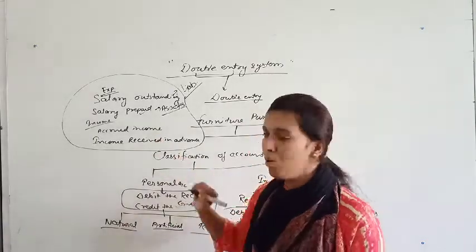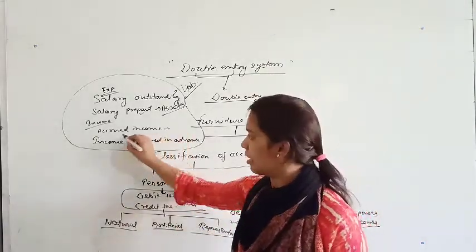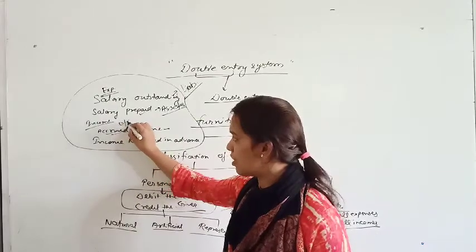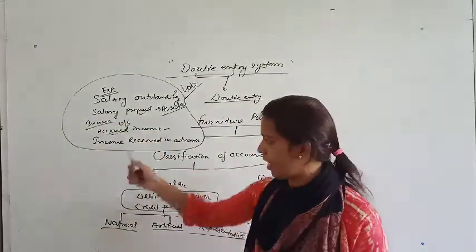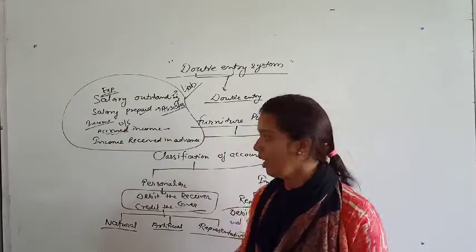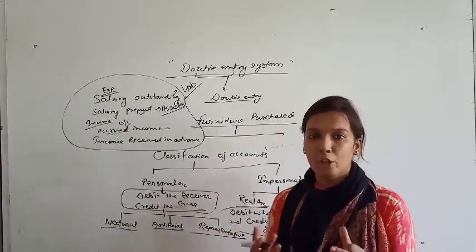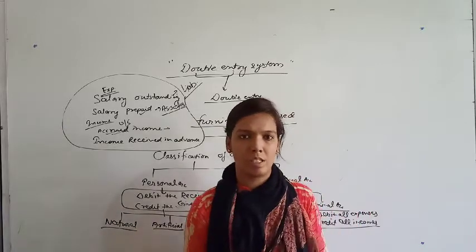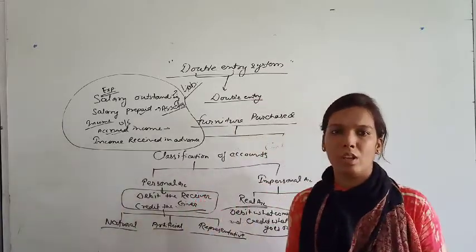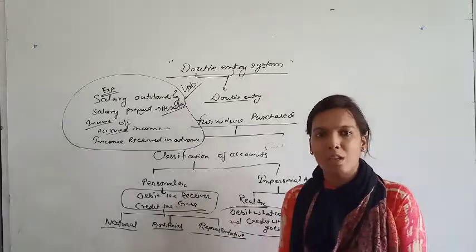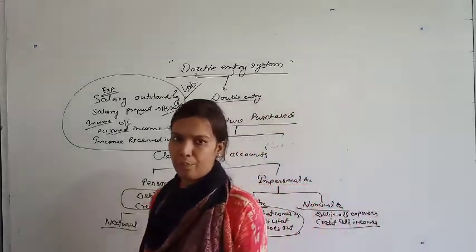Let's take examples now of incomes. Accrued income. Accrued is also termed as outstanding income, that is OS, outstanding. Accrued income means outstanding income: you have given your services but still did not receive the amount. Your income has been earned but you did not receive it.